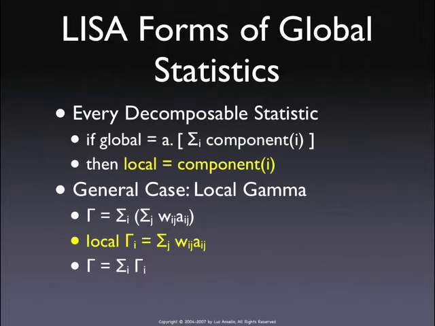The trick will be, assuming that we compute this, can we do something meaningful with it? Can we assess whether the value that we observe is large or small relative to what it would be randomly? That is really what we're interested in, so that's going to be our main focus of attention.